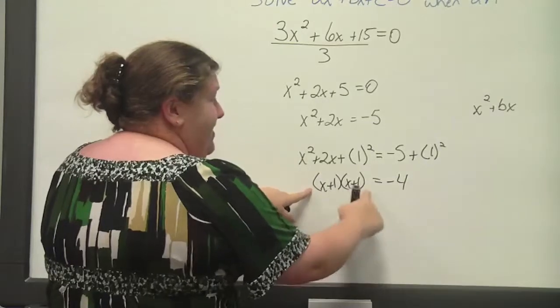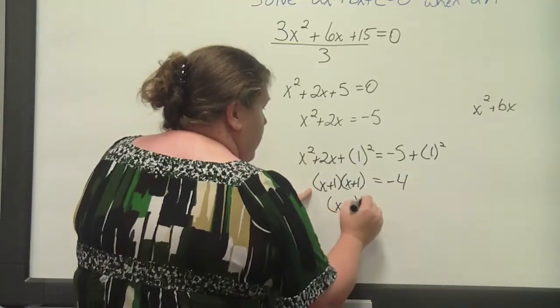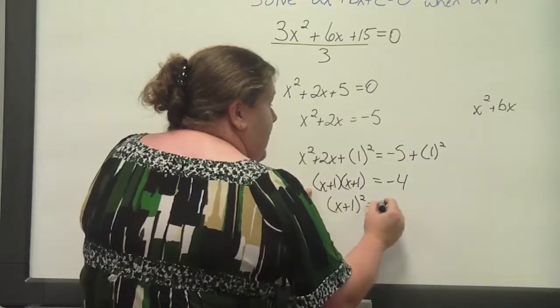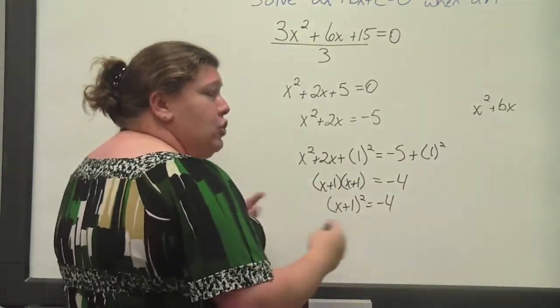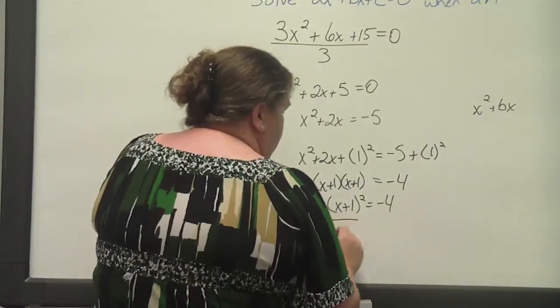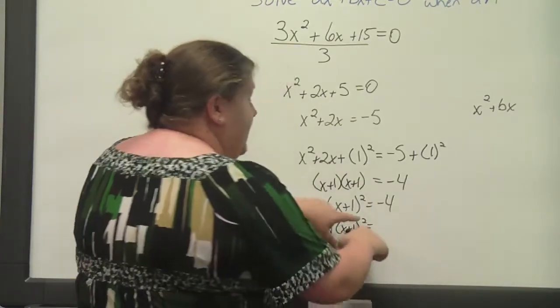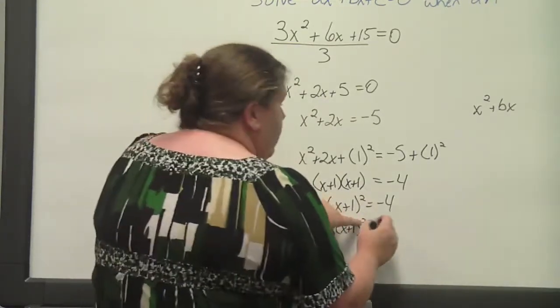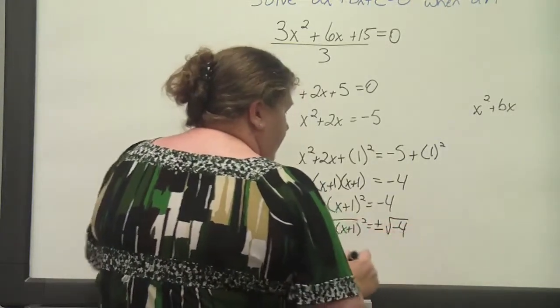Because these two are the exact same, I can go ahead and rewrite as x plus 1 squared equals a negative 4. But now we need to get rid of our squared. So we have to square root. So the square root of x plus 1 squared equals, because it's squared, plus or minus the square root of a negative 4.